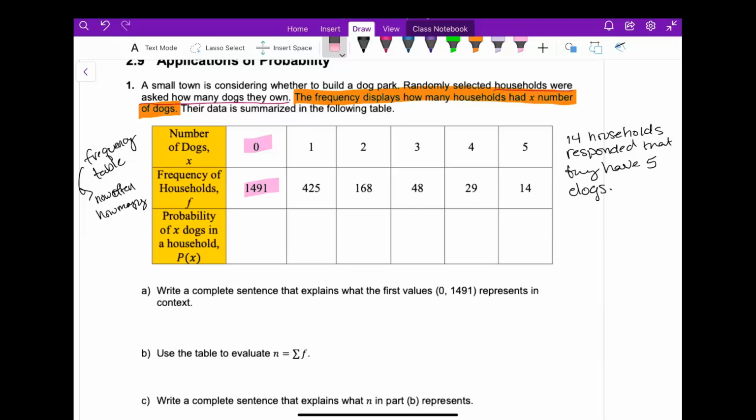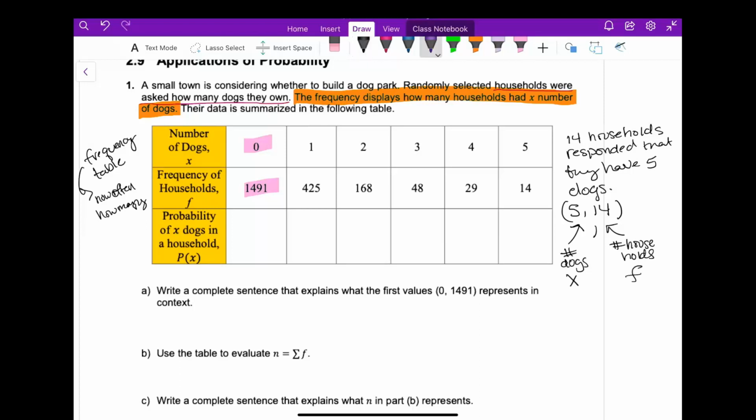So we already put a sentence together. It was for the last point, and I'm going to come back and point out that this point that we wrote over here was 5, 14, 5 representing our number of dogs, or the X value, and 14 representing the number of households, or the frequency in this case.